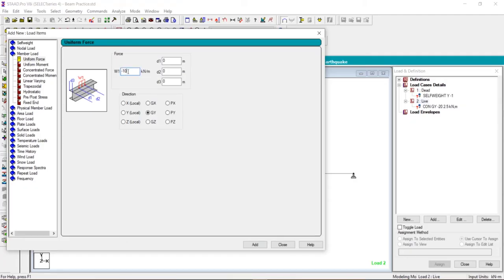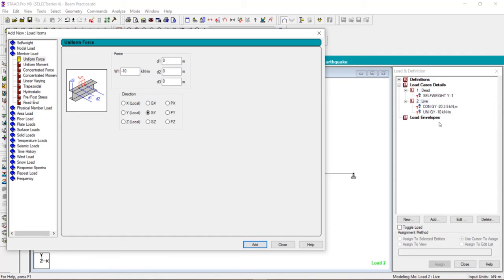So we are applying the load of minus 10 kilonewton per meter UDL. All these distances are 0, the direction is GY, global Y coordinate, and we click on add. So we have applied the load uniform GY minus 10 kilonewton per meter.